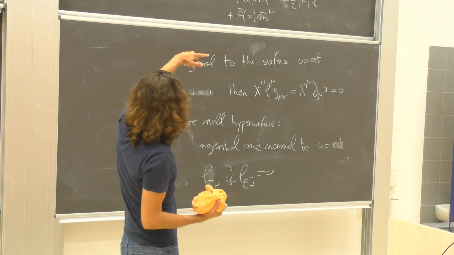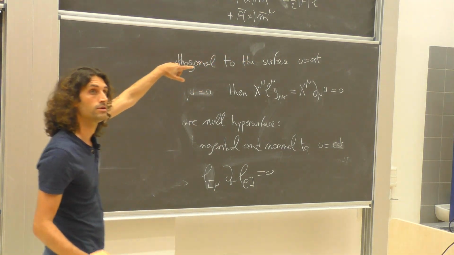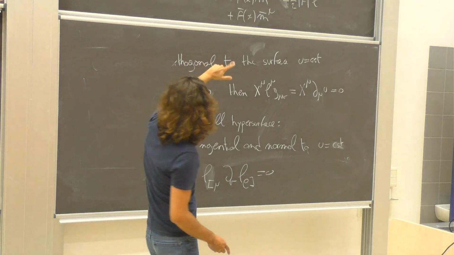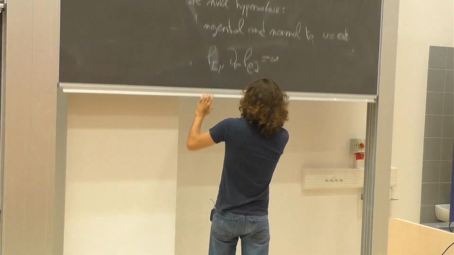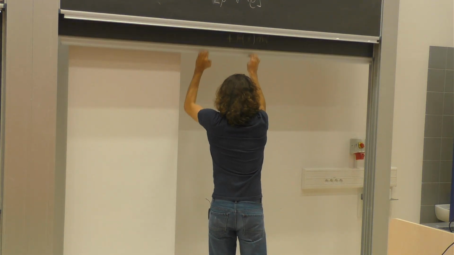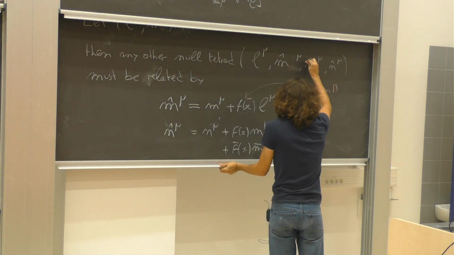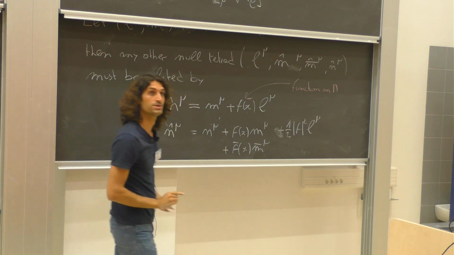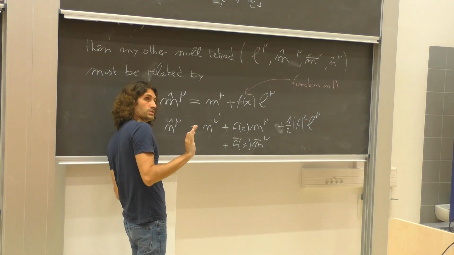Okay, you also have the complex conjugated one. This is m bar. There is also the complex conjugate here, which I'm not writing now. Was that your question?